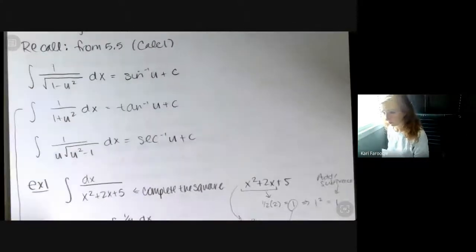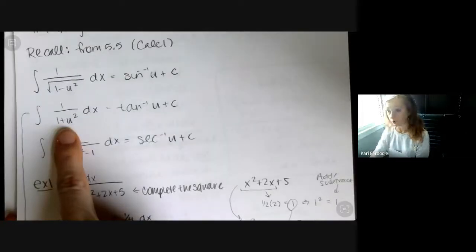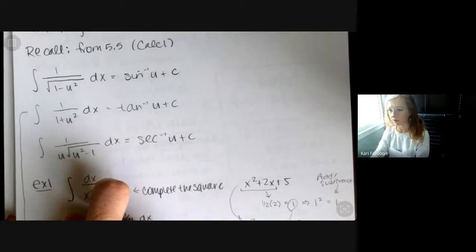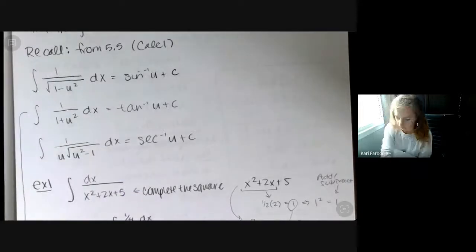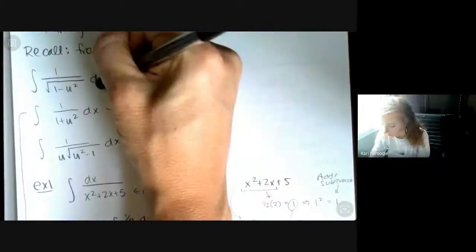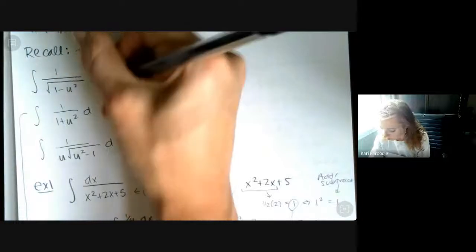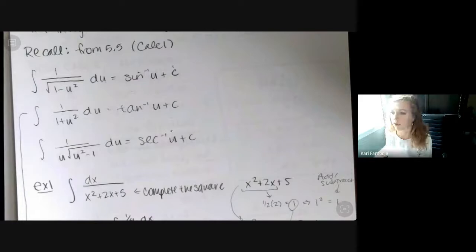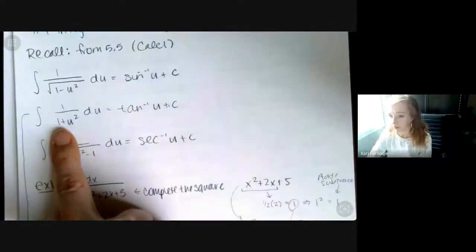There it is, 1 over 1 plus u squared. Oh, I have a dx missing on that. Yikes, you guys. And this was asynchronous probably too. Terrible. Go fix that in your notes. I think I originally had x's, and I switched them over to u's and forgot about the dx. Okay, anyway, that was confusing.